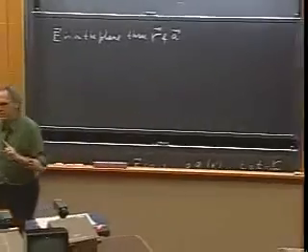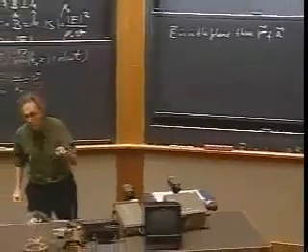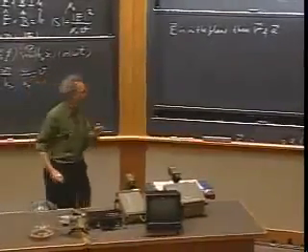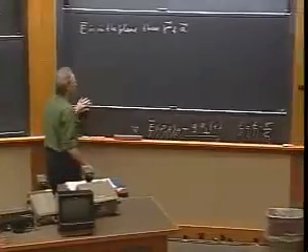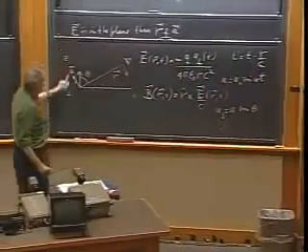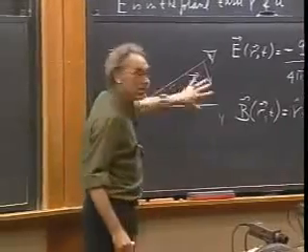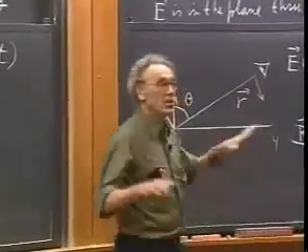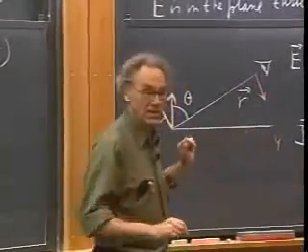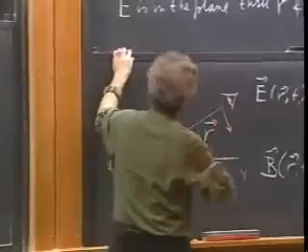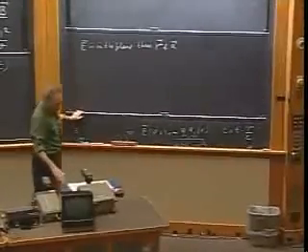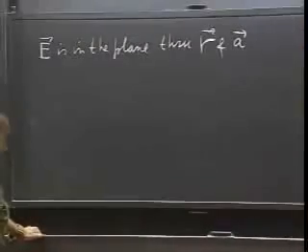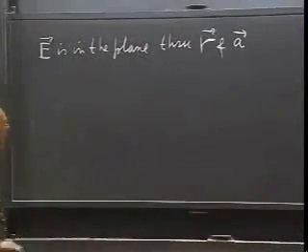In the plane does not mean into the plane. It's in the plane. So look here. The plane through A and R is the blackboard. And therefore the E vector is in the blackboard in this case. So that is key, that E is in the plane through R and A, not into the plane.